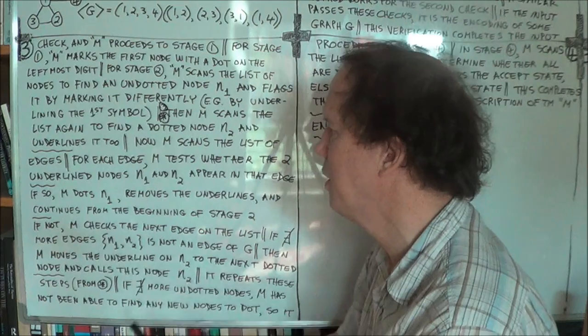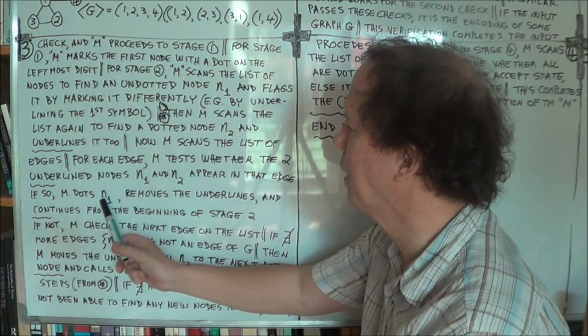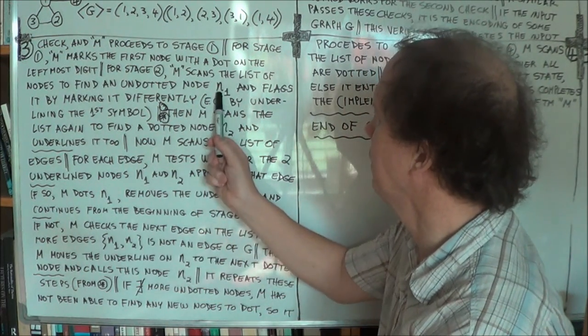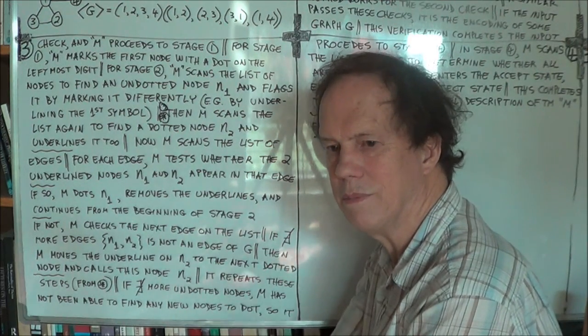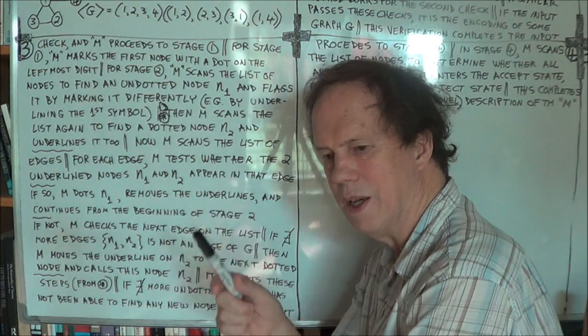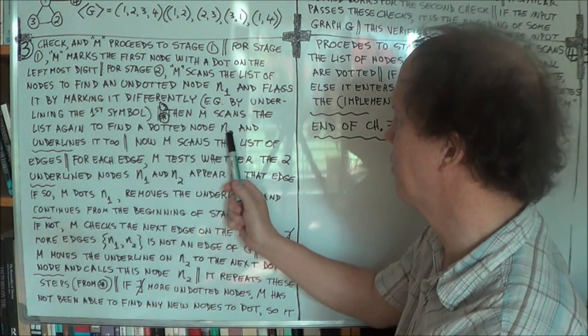Now if that's true, then your undotted node N1 here, well, now you dot it because now you know it's connected, right? Because it's in a connection list. There's a connection between N1 and N2. N2 is already dotted, is that right? Yeah, N2 is already dotted.